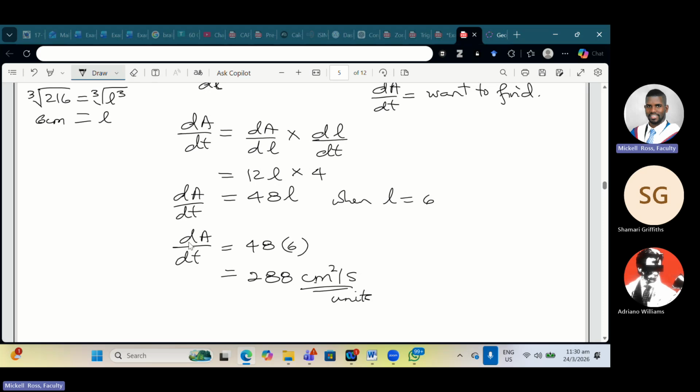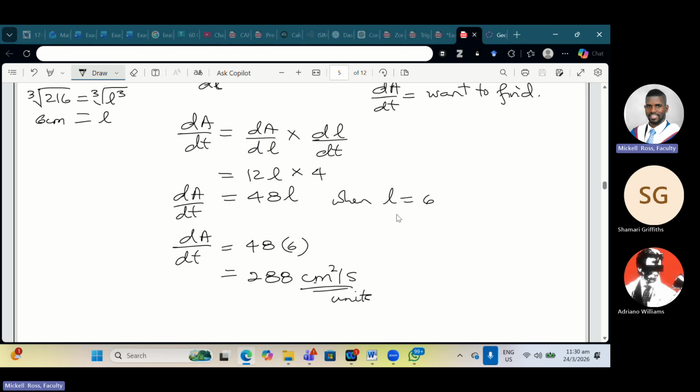So we are finding the rate of change of the area with respect to time. So the area is changing with respect to time at a rate of 288 centimeters squared per second. The unit has to be there because you're calculating the rate of change. So that is the reason why you see it as 288 centimeters squared per second.